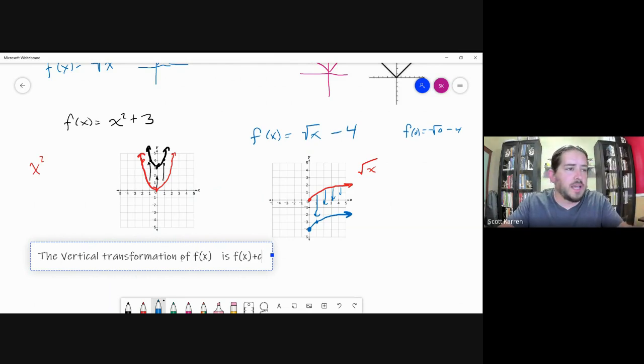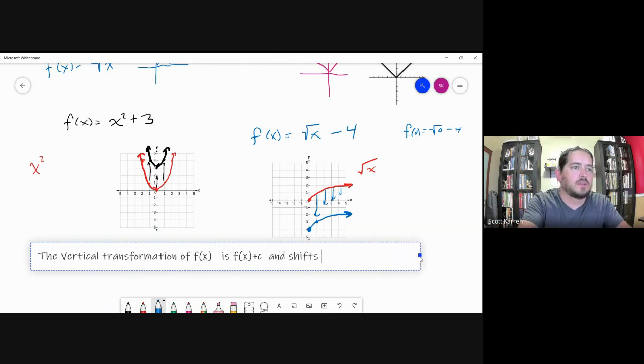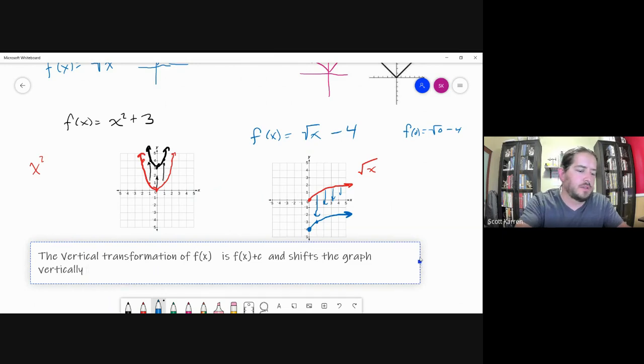But this f of x plus c gets shifted vertically c units. If c is positive, it goes up. If c is negative, it goes down. Okay.